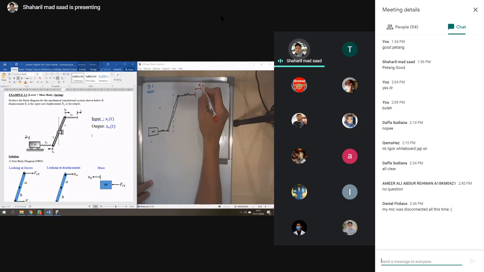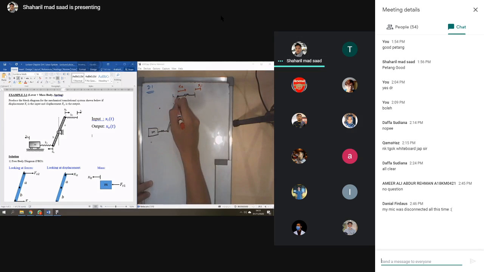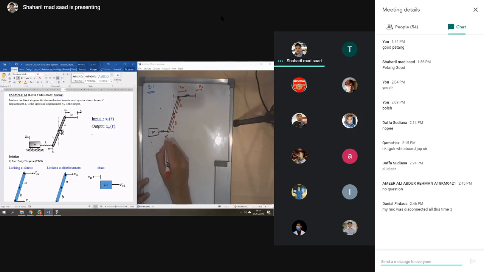This one is Xi, and this one is Xo, and you have some vacuum here, and then this one is A. Another one is B here. And this one you have the Fs, K1, this one K2, this one is So.